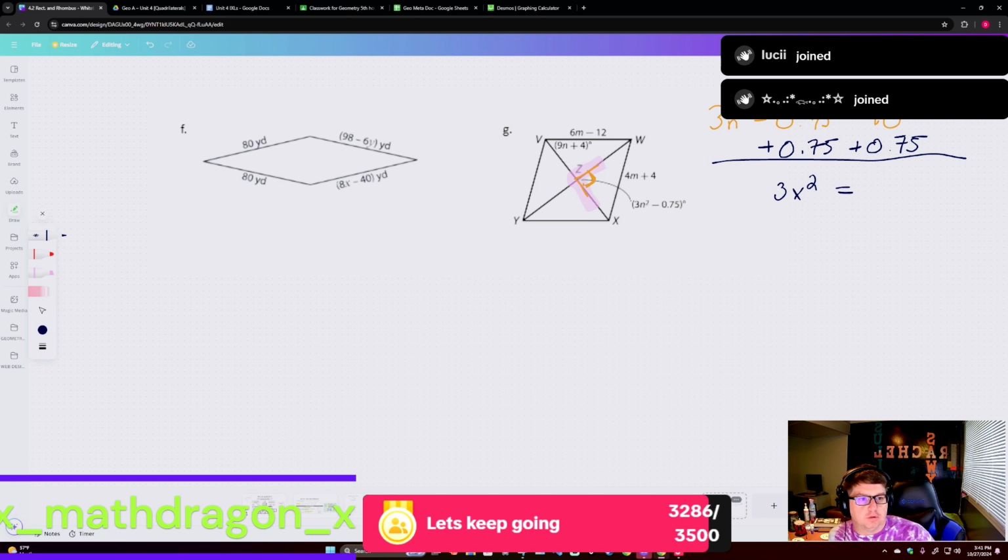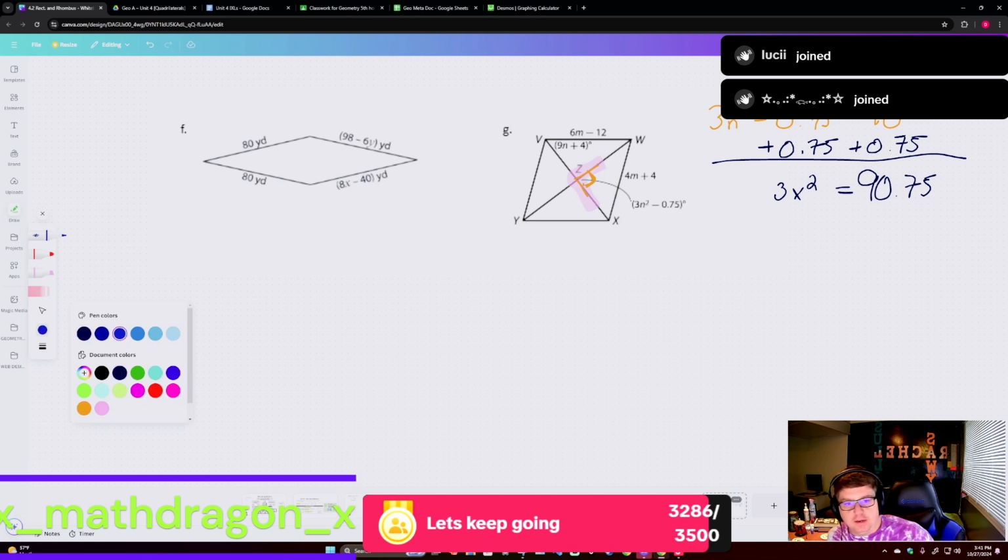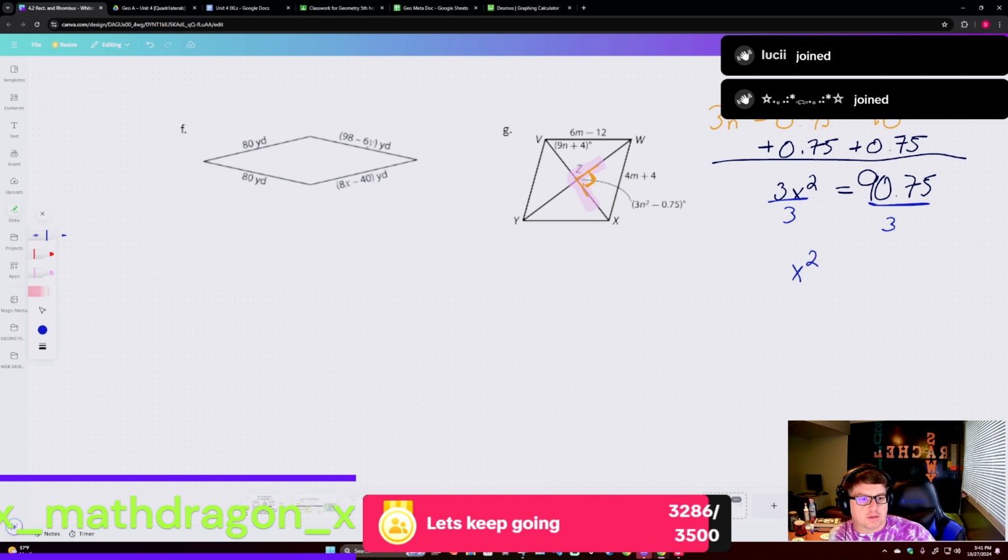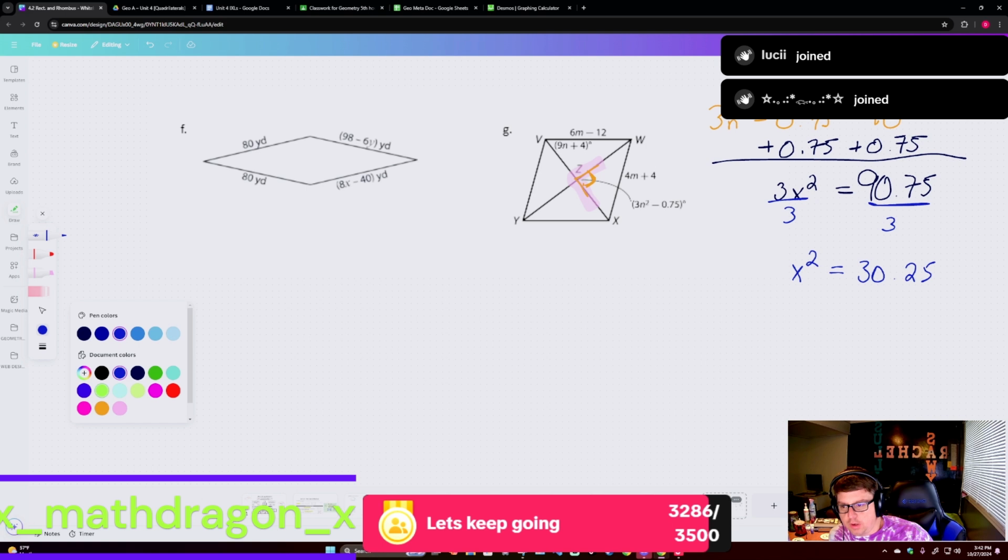3x squared. I can do x or n, doesn't really matter. We are going to divide by 3 on both sides. So that x squared equals 0.25. And now, to get rid of a squared sign, we square root both sides.